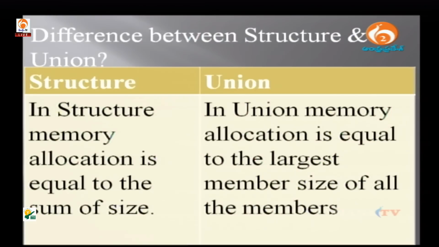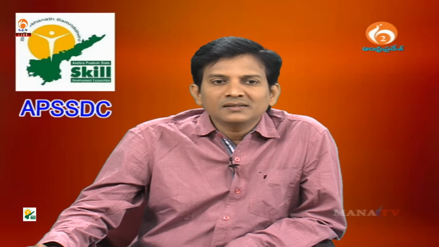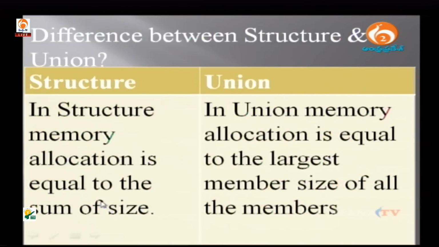Int means 2 bytes, float means 4 bytes, character means 1 byte. 2 plus 4 is 6, plus 1 for character, that is 7 bytes of memory occupied for this structure. I repeat, in structure memory allocation is equal to the sum of sizes.